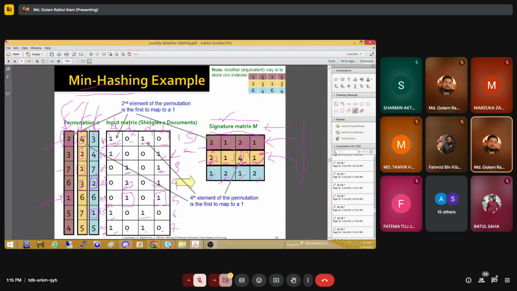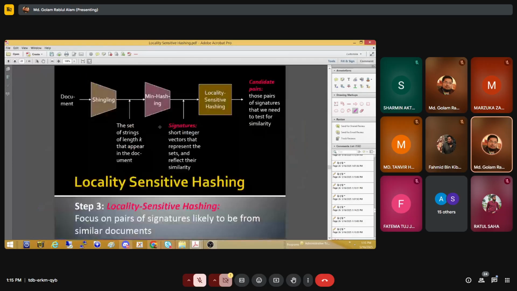Now, after min hashing, the last option is locality sensitive hashing. Using locality sensitive hashing, we will get the candidate pairs, and we will just find out the similarity on those candidate pairs. And how to do that?